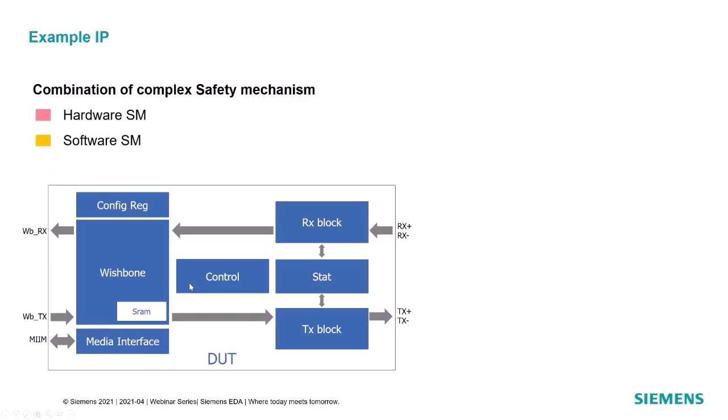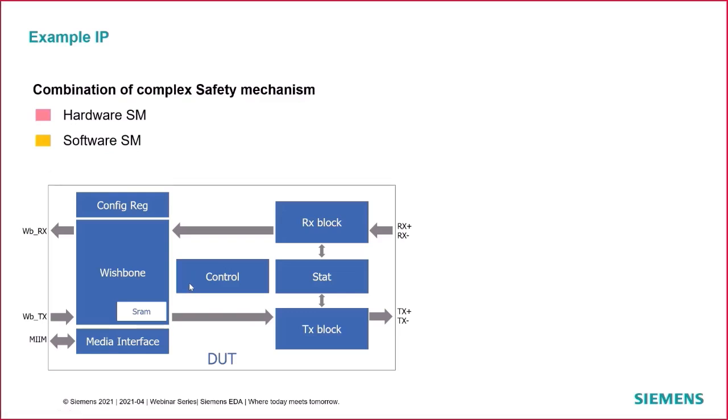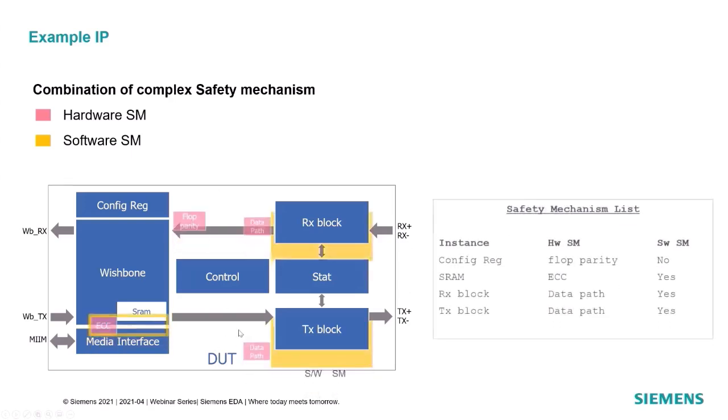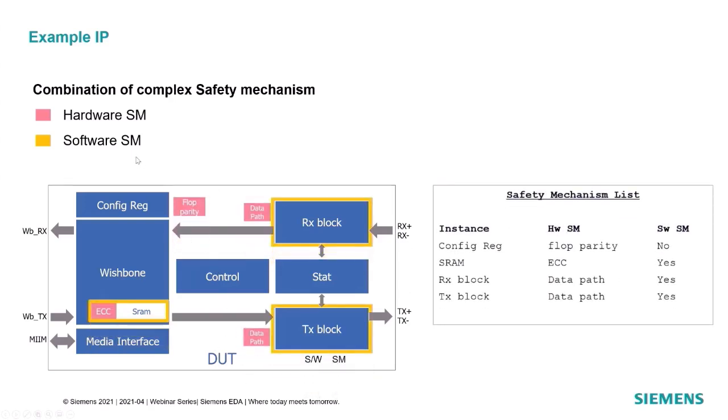What we tried to do is make an approach with a combination of complex safety mechanisms: a combination of hardware safety mechanisms and, on top of that, some software safety mechanisms that we are trying to validate. In this particular design, we protected our design with both hardware and software safety mechanisms.